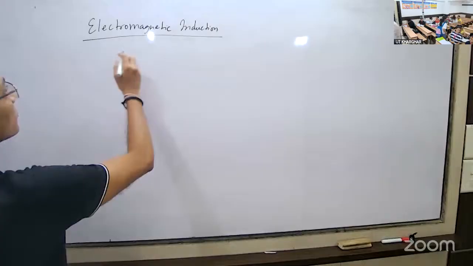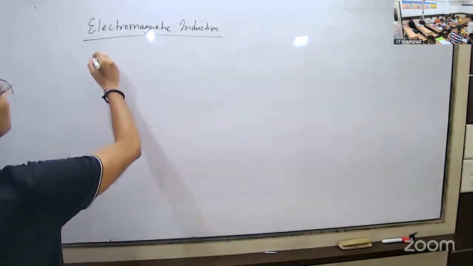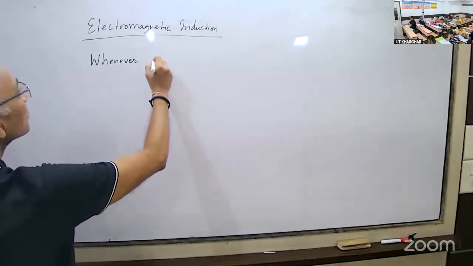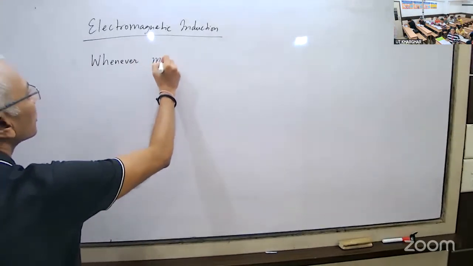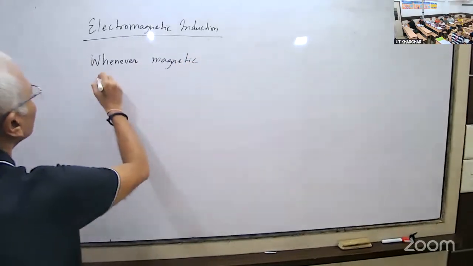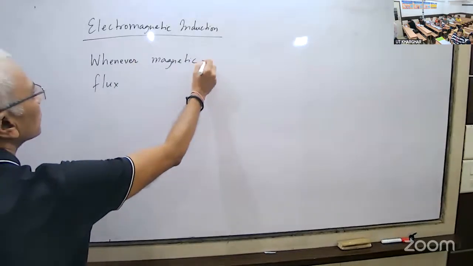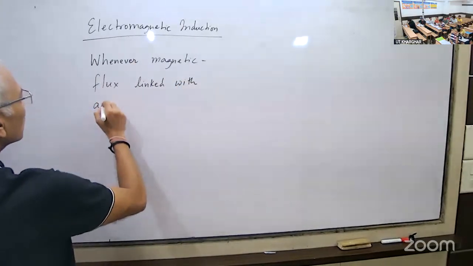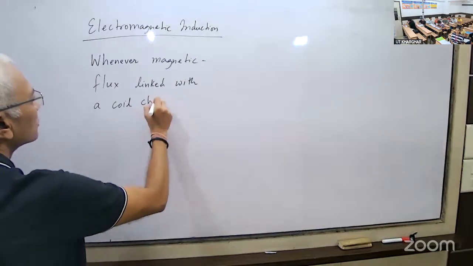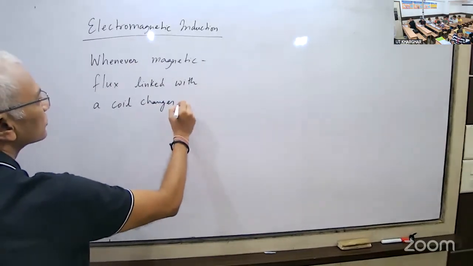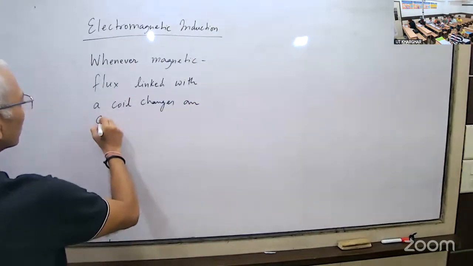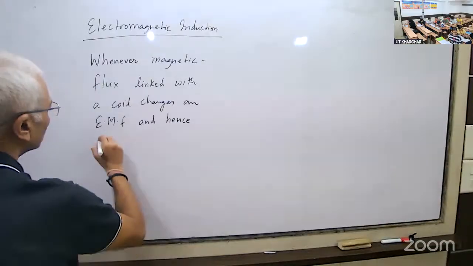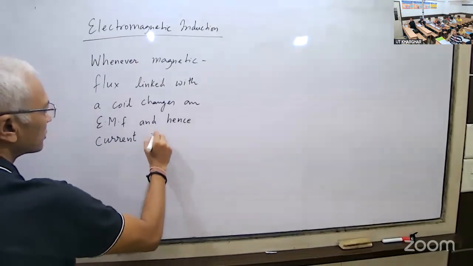So, first let us write down what this is. Whenever magnetic flux changes, current is induced.